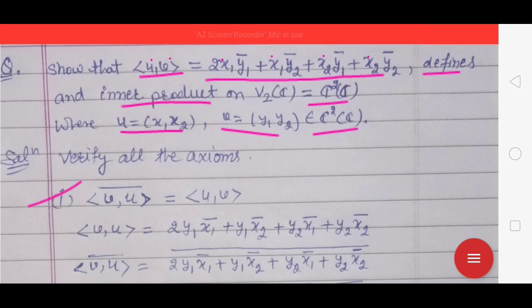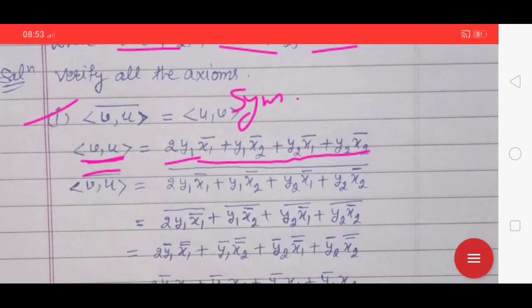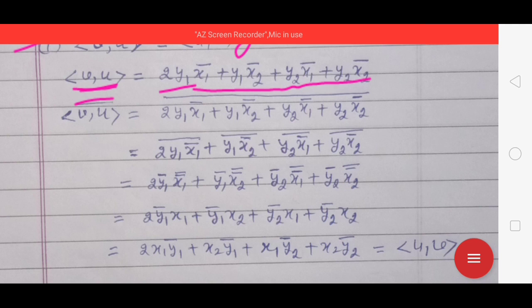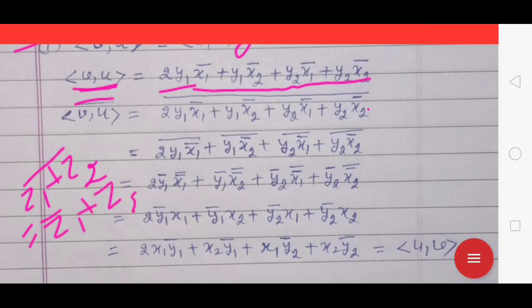We have to prove the symmetric property first. Let us take (v, u), which will be y1 x1 bar plus y1 x2 bar plus y2 x1 bar plus y2 x2 bar. This is given. Taking the complex conjugate, you know that the conjugate of z1 plus z2 is z1 bar plus z2 bar.